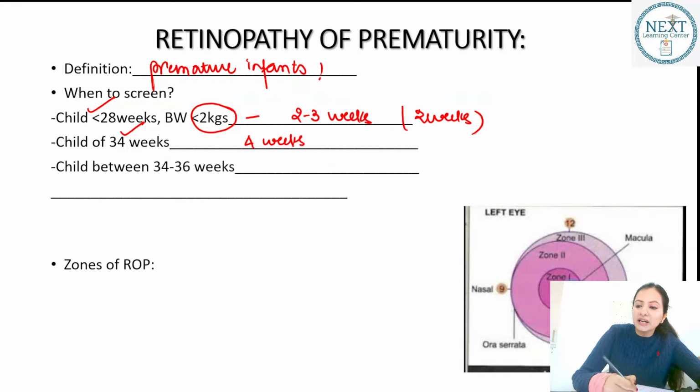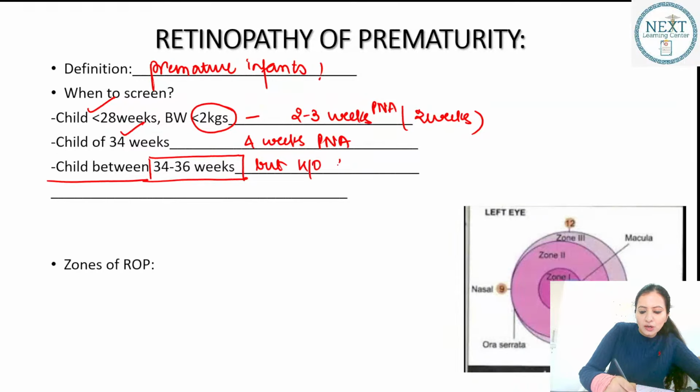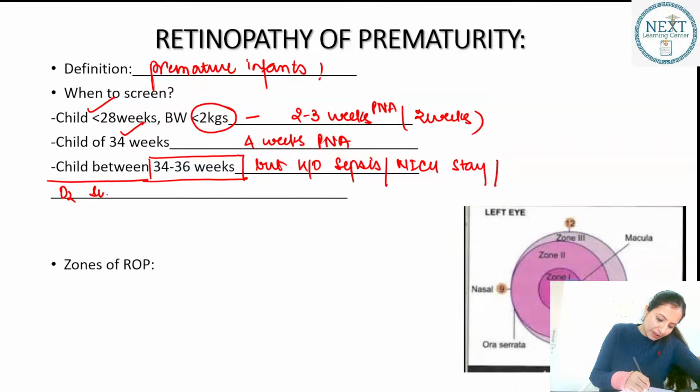This 2 to 3 and 4 weeks is the postnatal age. Then for a child who is between 34 to 36 weeks but has a history of either sepsis, NICU stay or oxygen supplementation, again you screen the child by 4 weeks.